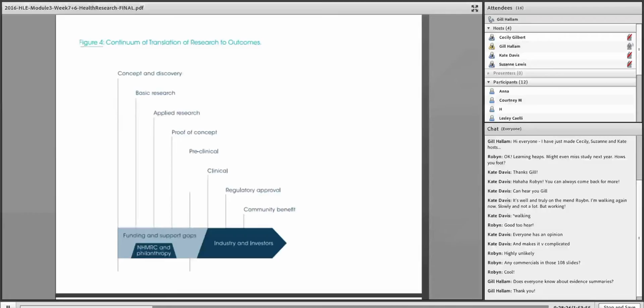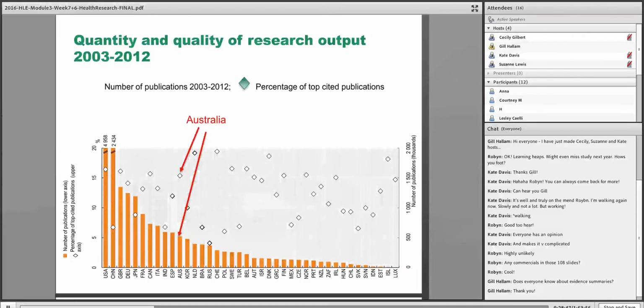And how the funding differs across that line. So NHMRC funding, government funding, and philanthropy tend to be down at the real research end, whereas industry is coming in on the more clinical side, looking at some of the drugs and the investment from that side of things. So different ways along that continuum.